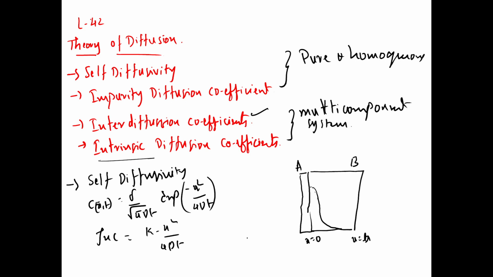And by plotting the graph of ln c versus x squared, we will be getting minus 1 by 4Dt. This is the slope. I think we already explained this in the previous example.